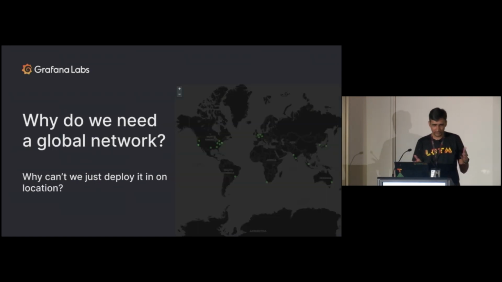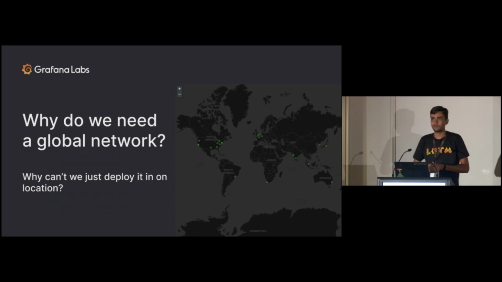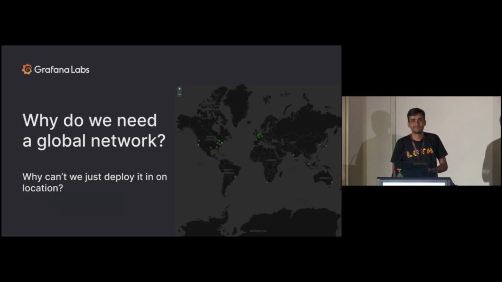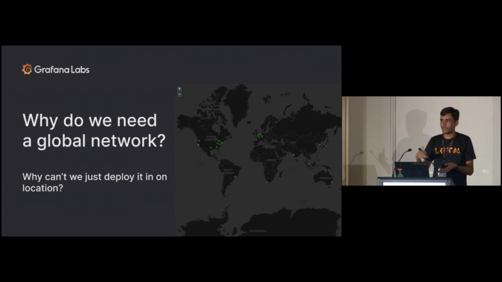Now another question is, the talk's title had the words global network in it. Why do you need a global network? Can't I just deploy a prober next to my application and then it's all good? I can go home. I mean, you can, but then you'll not get the real picture. I defined synthetic monitoring as trying to simulate a real user, right?